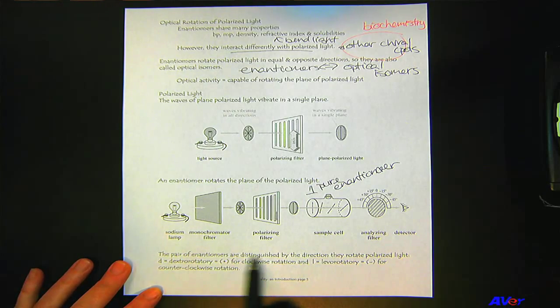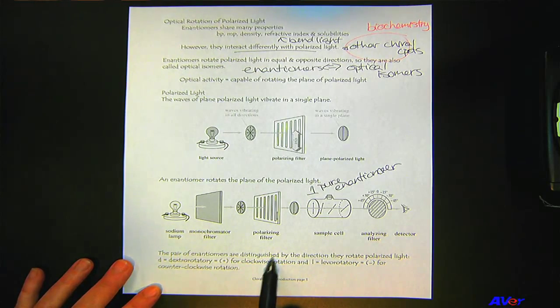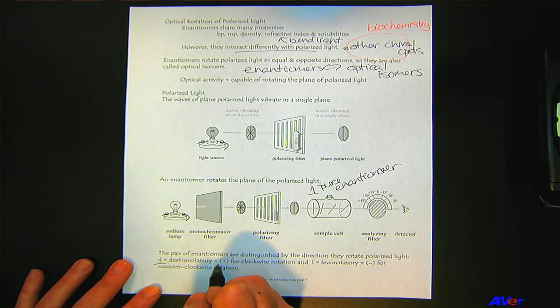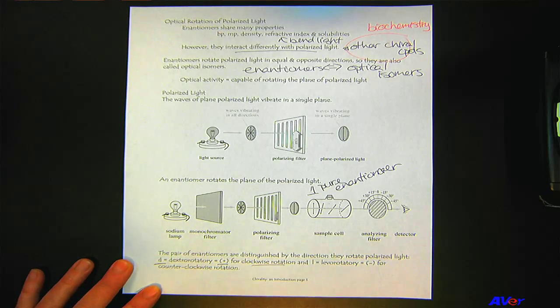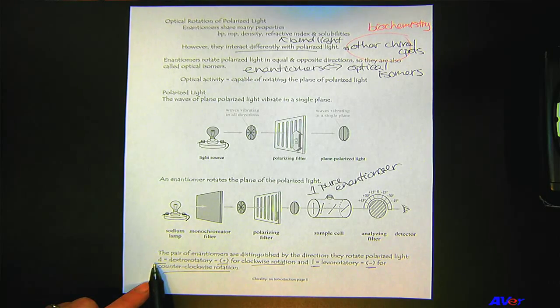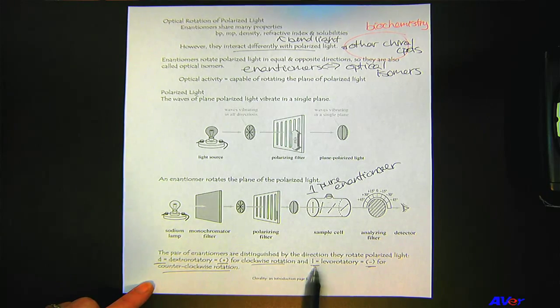So because the pair of enantiomers are distinguished by how they rotate polarized light, they're either given a D or a plus if they rotate light clockwise, and an L or a minus for counterclockwise. So as you're doing your molecular portfolios, your drug name may begin with a D or a plus or an L or a minus.